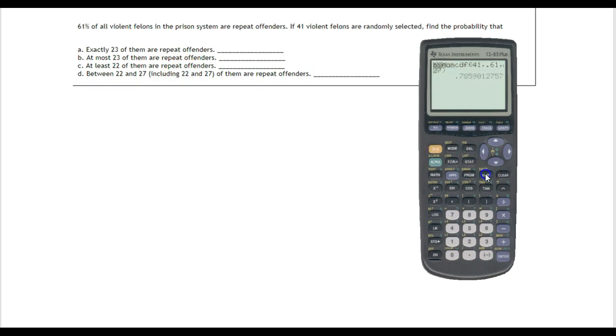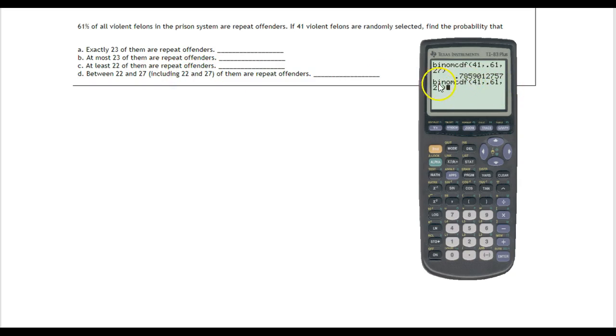So I'm going to go back to my distribution, go to my CDF, and again, 41, comma, 0.61, comma, and I'm going to find the probability of at most 21, because I want the probability in between 22 and 27.